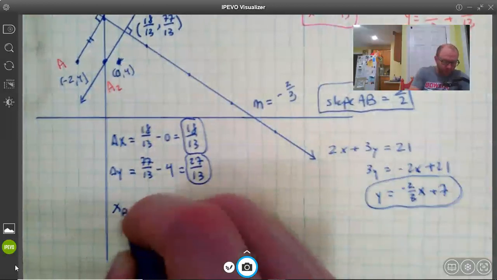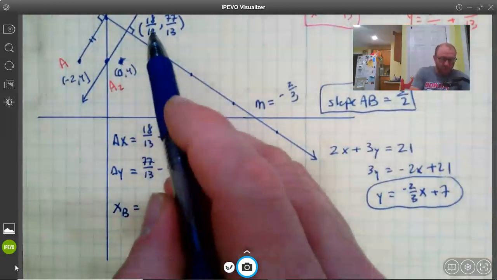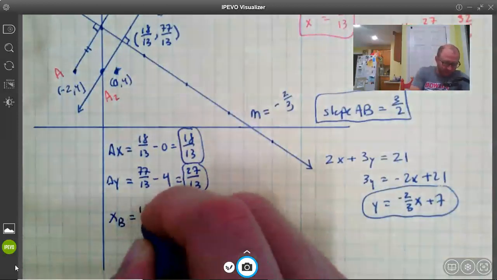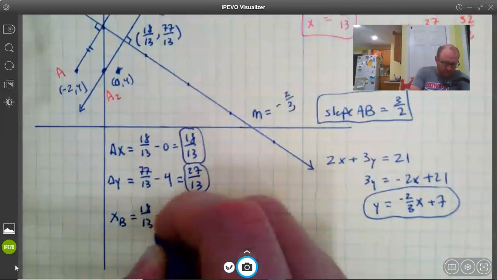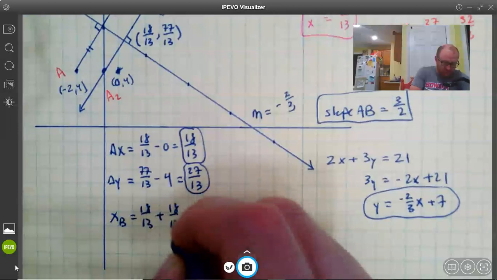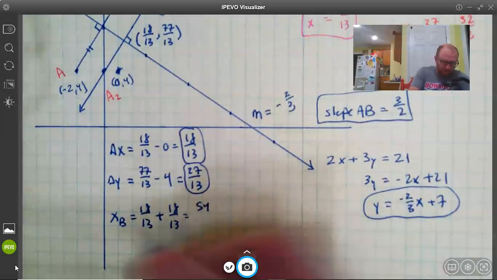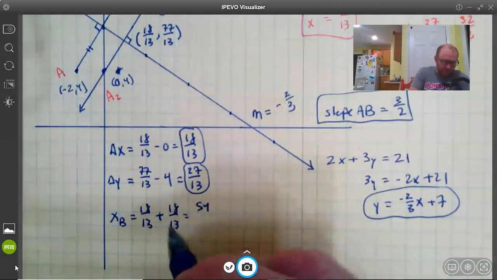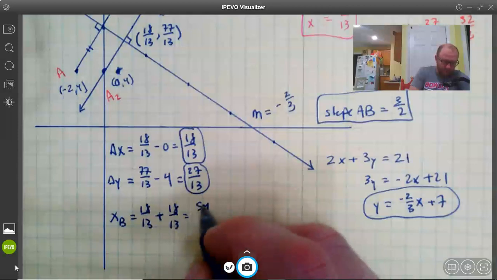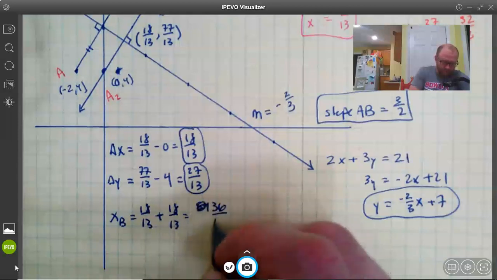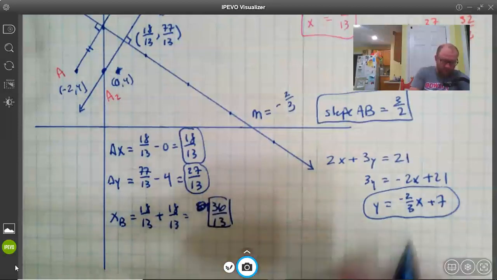So the x coordinate for point B will be the 18/13 we have here, plus another 18/13, giving us 54. No, not 54. What am I talking about? 36/13.